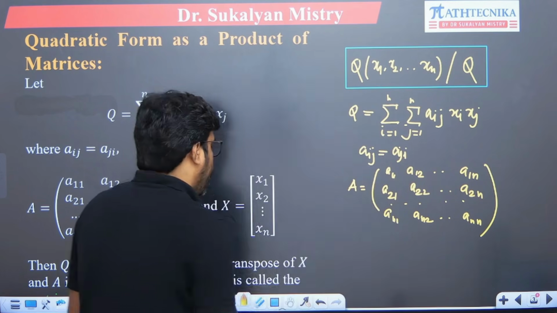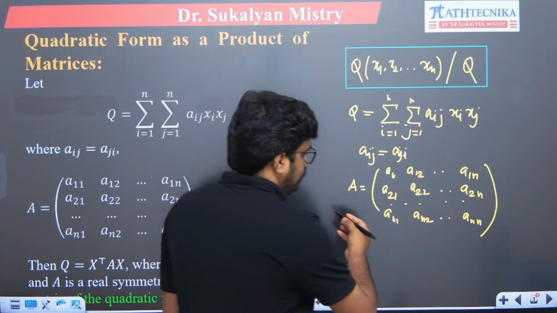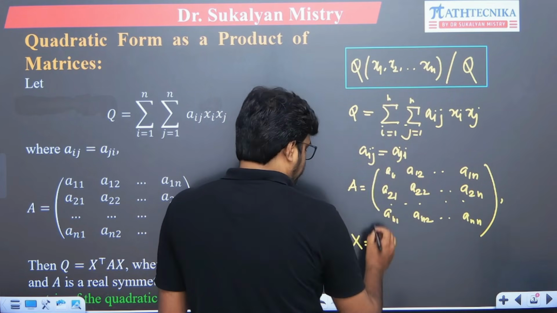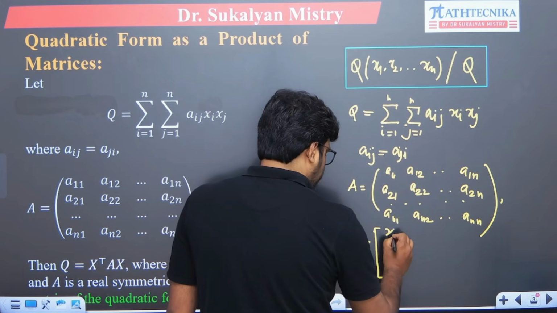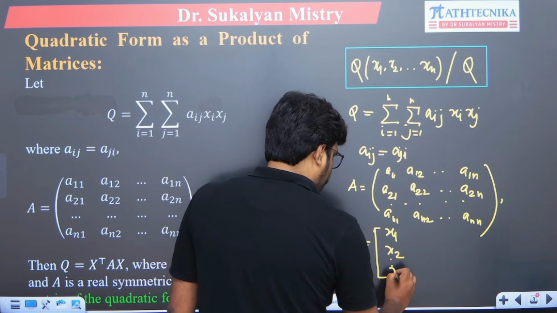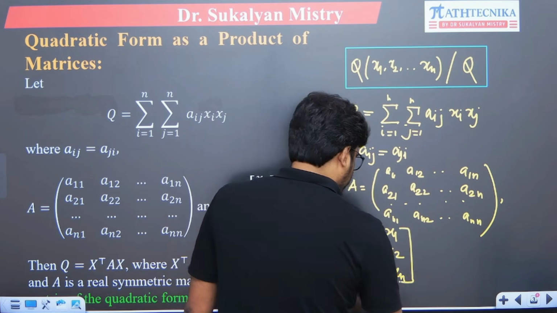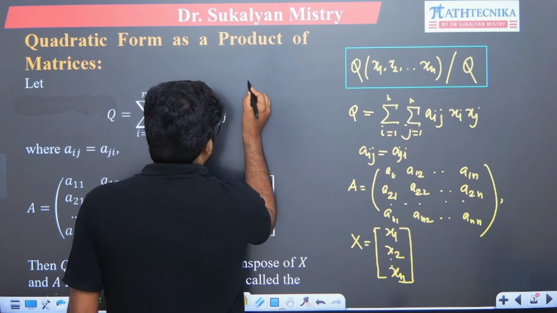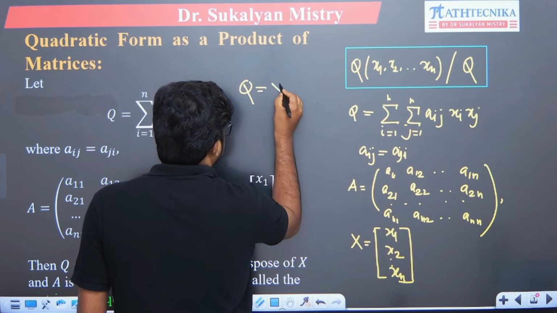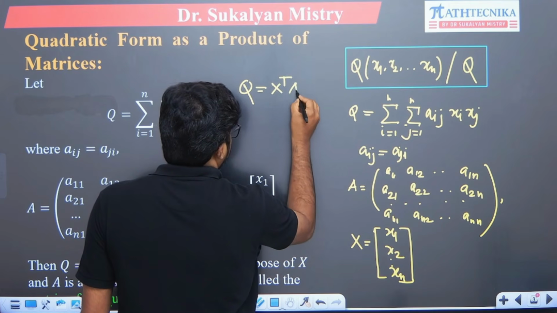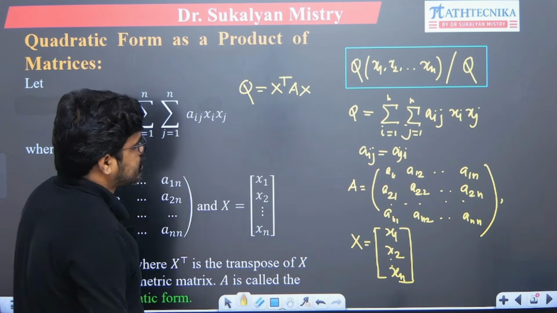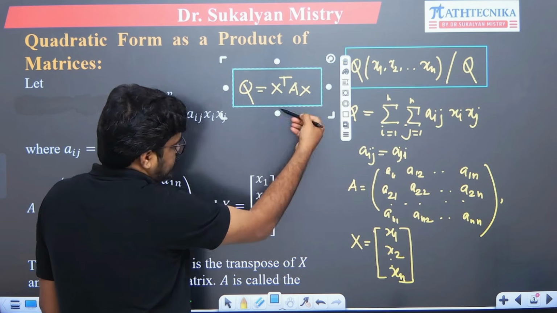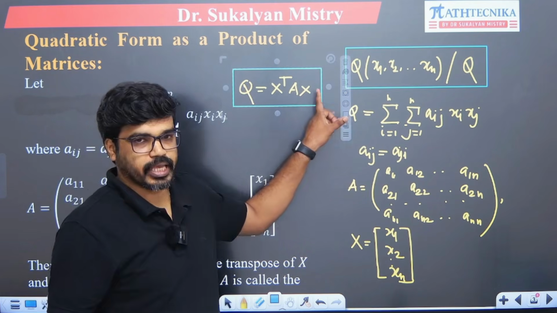This matrix must be symmetric, this matrix must be symmetric, and x, if we consider n variables, then x will be x1, x2 up to xn. That means this expression q can be written in the form q is equal to x transpose Ax. Okay, q can be expressed in matrix form, that is x transpose Ax.